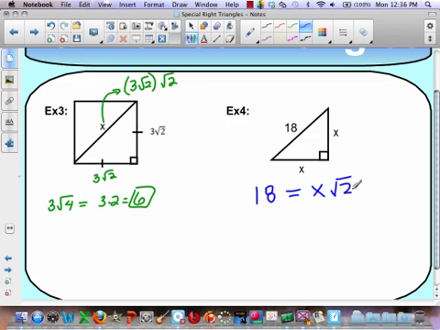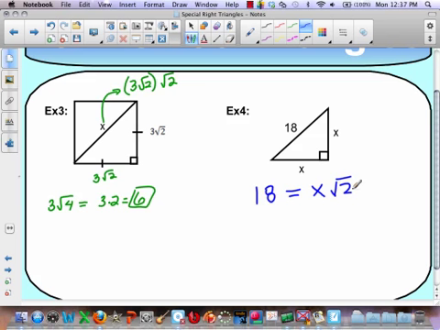Ignore the ugliness of it. I'm talking about algebra 1, and what I'm really talking about is basically pre-algebra. How do I solve for x? How do we get the x isolated?